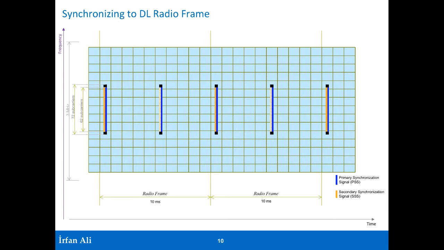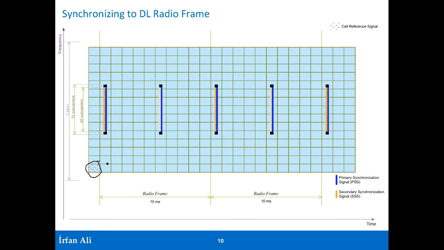All right. So with the primary synchronization signal and the secondary synchronization signal, we've gotten the main radio frame structure, and once the UE has figured out the PCI of the cell, it is able to find out that there are some reference signals that are transmitted in each and every one of these subframes.